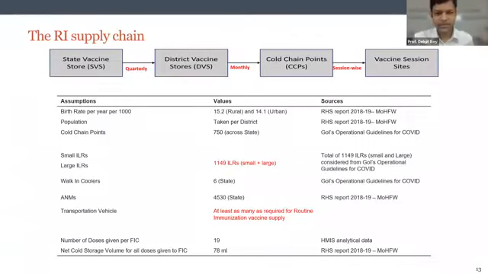For routine immunization, think of it this way. Yes, there is a time gap between when these different doses need to be administered to a specific child. But children are being born every year and they're being born throughout the year. And so at any given point in time, there are a certain number of children who would require, let's say, the first dose of the polio vaccine, some children who would need the first or second dose of the DPT vaccine, and so on and so forth.